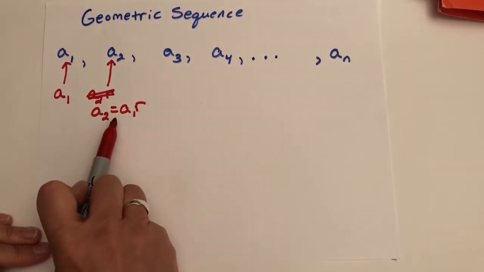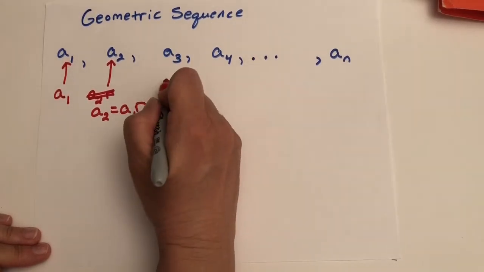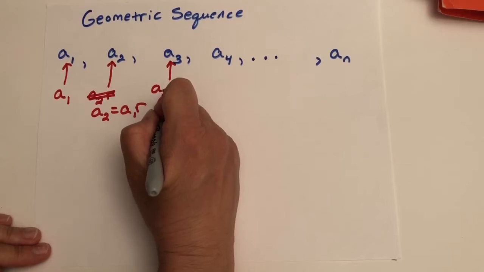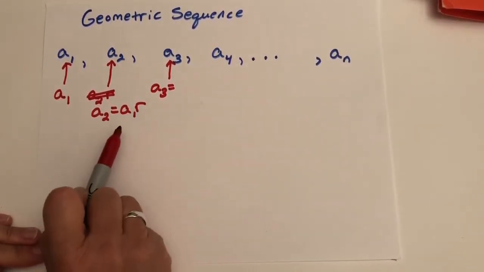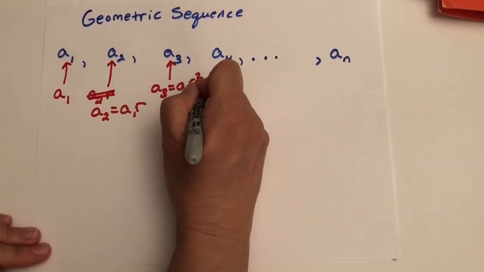But then we would need to multiply this one by r again. So the third term could be found by taking the previous term and multiplying it by r. So we would have a sub 1 times r squared.